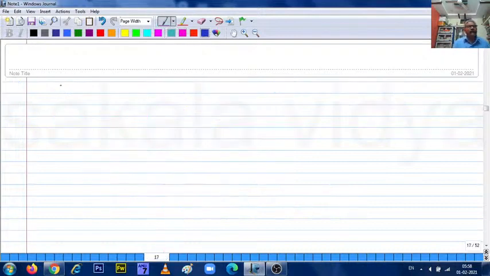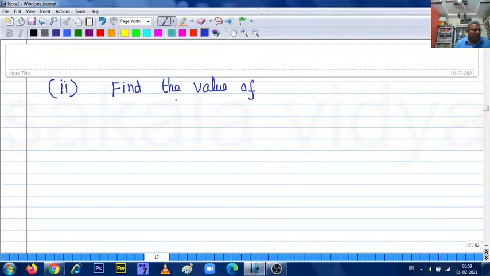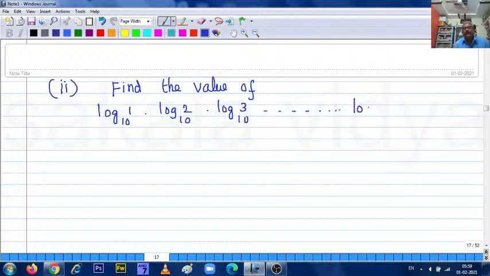Now second one. Simplify, or find the value of log 1 to the base 10 into log 2 to the base 10 into log 3 to the base 10 into so on, log 10 to the base 10.